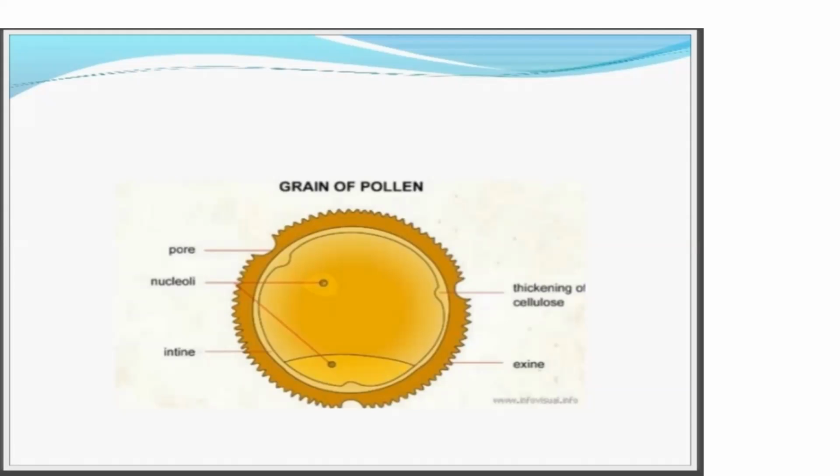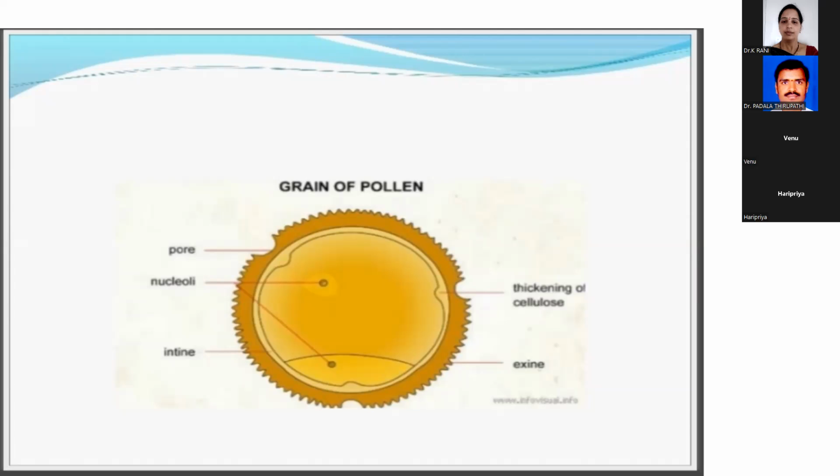Some carotenoids are responsible for the yellow or orange color of the pollen, and proteins make it sticky. It helps in insect attraction and pollination, and protects the pollen against radiation. That is the complete structure of the pollen exine and intine.